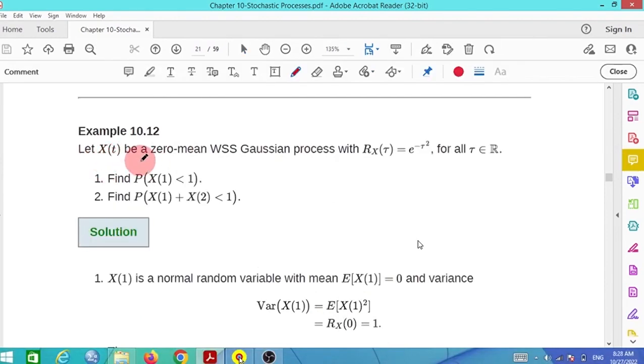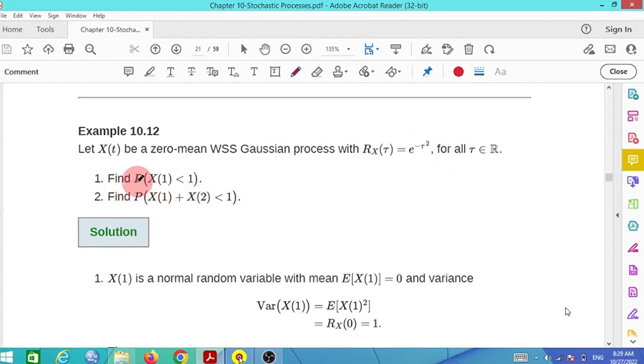Let Xt be a zero mean wide sense stationary Gaussian process with this correlation function. If a process is wide sense stationary, the correlation function is of this form.